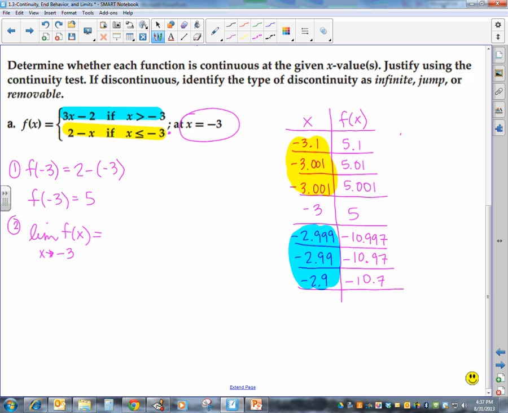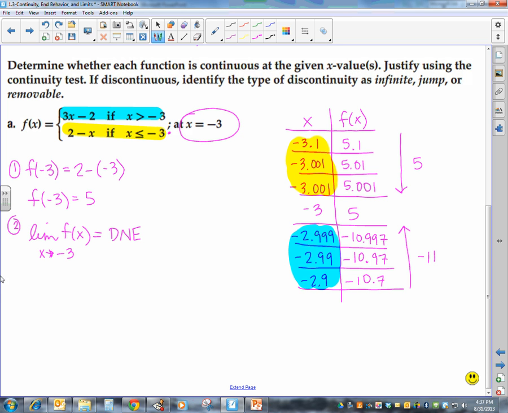Now, these numbers, are they getting closer and closer to 5? They are. They're getting closer and closer to 5. These numbers are getting closer and closer to negative 11. Okay? So, do they both approach the same number? The answer is no, so we say that our limit does not exist.